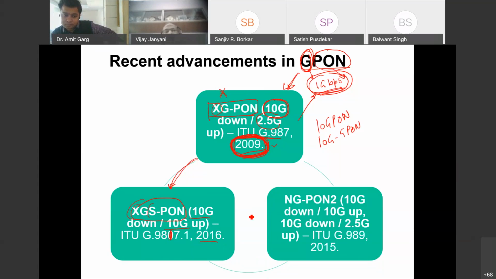And the most popular one, which I am going to discuss in more detail, is NG-PON. NG is for next generation PON. So here you can see that you are talking of much higher speeds, 10G up and 10G down, but there are some more differences also, which I will discuss in the next slide.